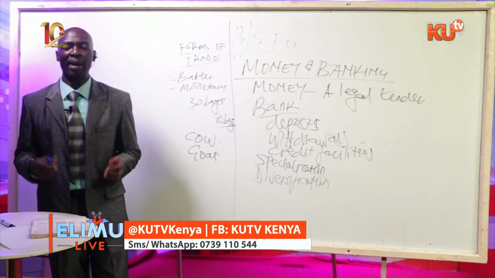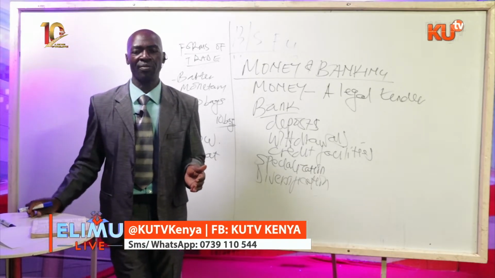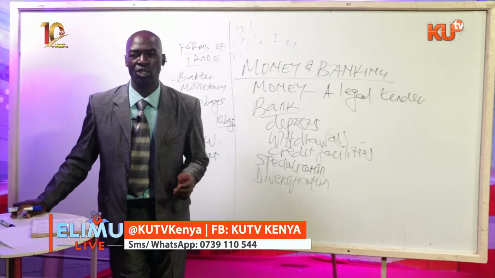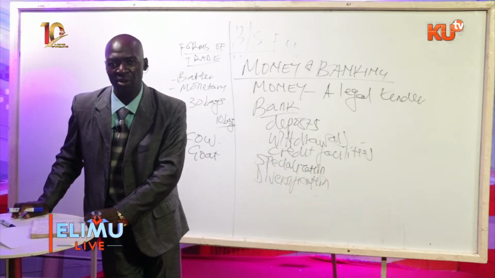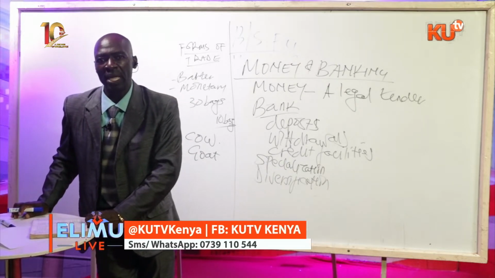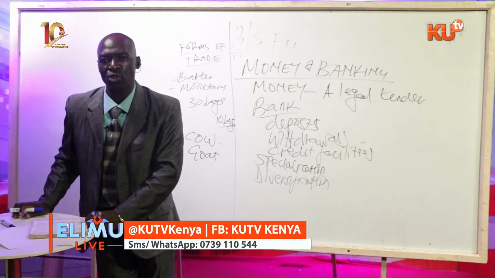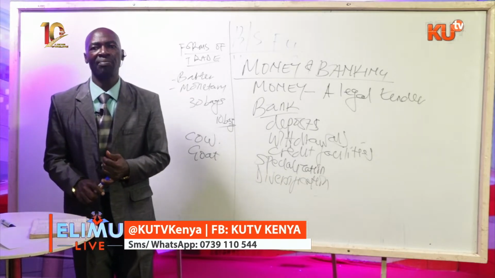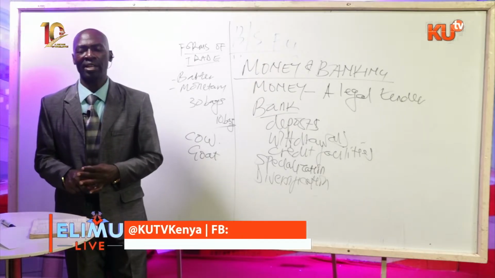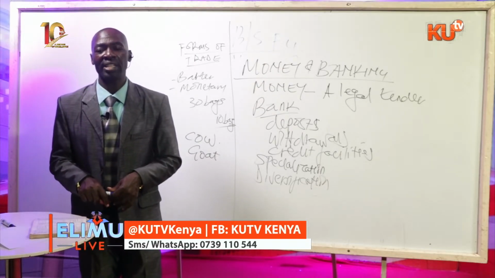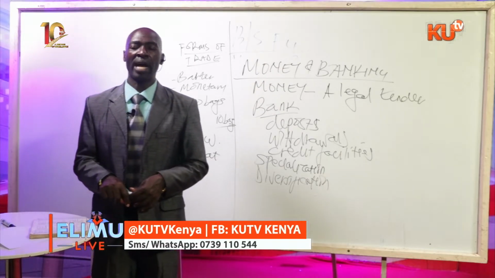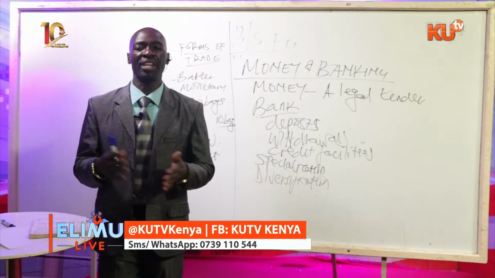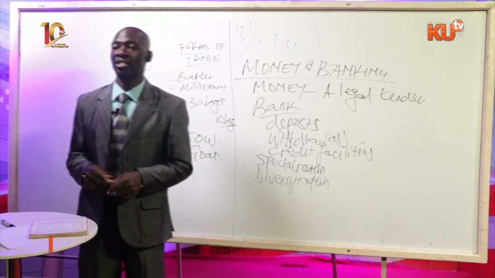So by definition, to those candidates who are viewing us and those teachers at home or across the country, if a question asks you to write short notes on money, one, define money. Money is a legal tender. Move a step further and say a legal tender is anything that is generally acceptable as a medium of exchange. Next, we look at the characteristics of money.